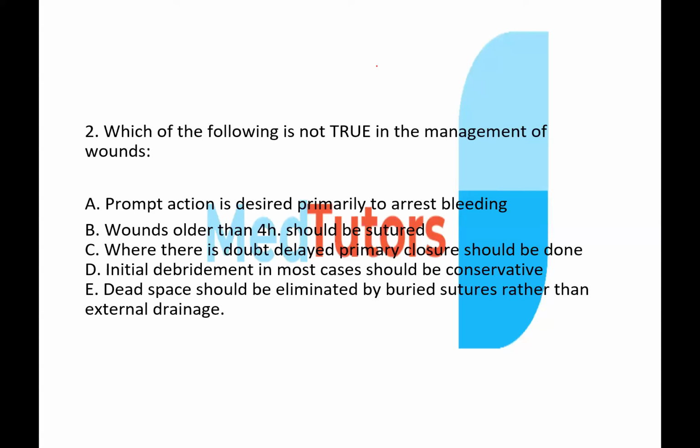So you just dress, leave open for 3 to 5 days, allow edema and inflammation to subside before you close primarily. Okay? Now, B is false. Is it true or false?